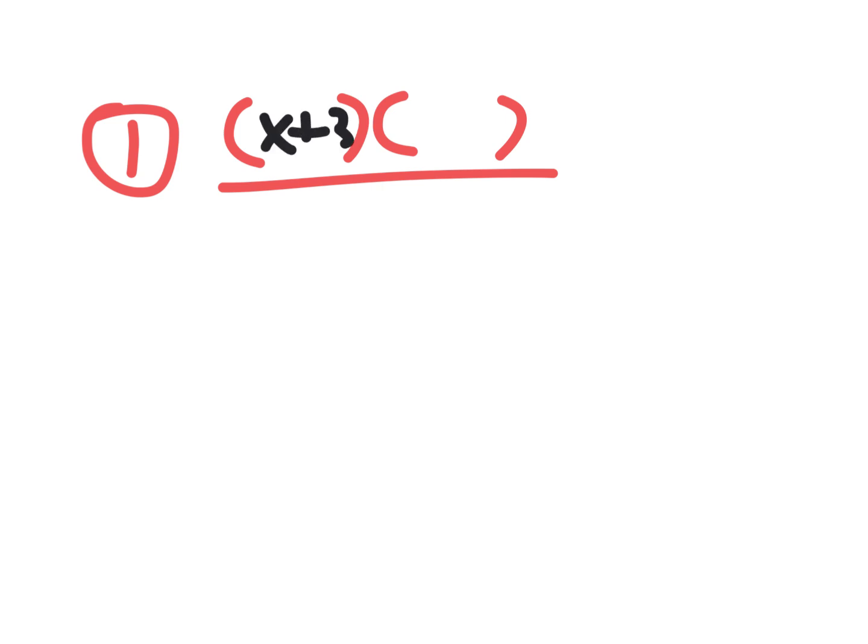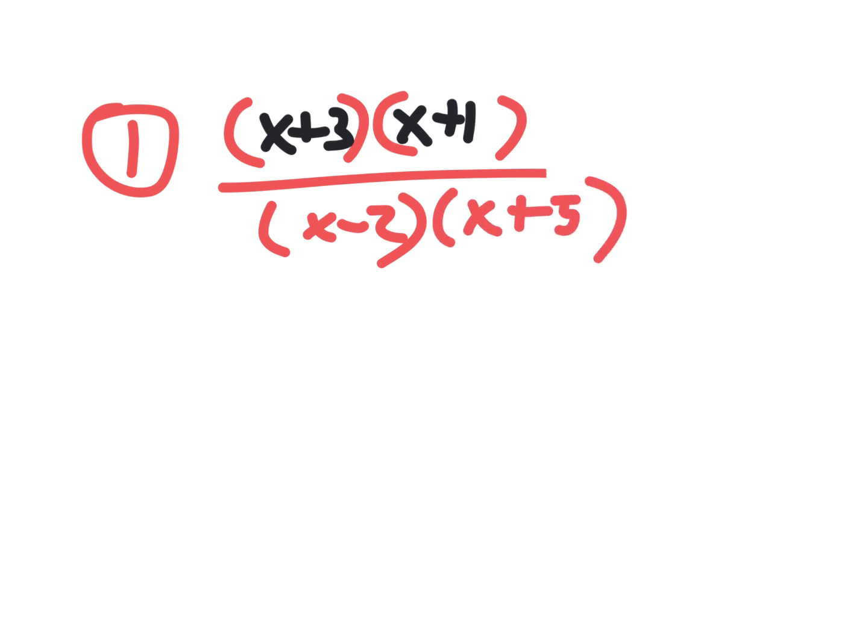Abe, would you read me number 1? It's got 2 sets of parentheses. What's in them? X plus 3. And? X plus 1. How about the bottom? X minus 2. Parentheses, X plus 5. Was there any that cancel and make a hole? Then there's no holes. Okay. What else they ask?